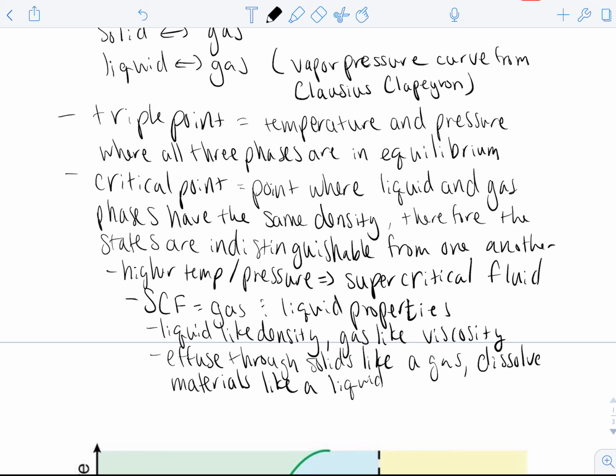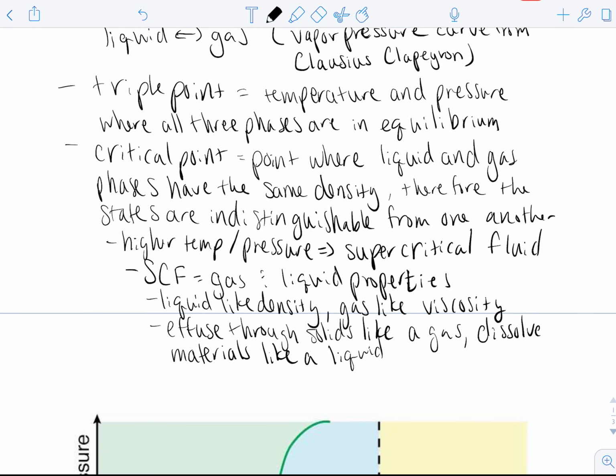Okay, and within our critical point, we have a critical temperature and a critical pressure. The critical temperature is the highest temperature where we can have a distinct liquid phase. Critical pressure is the pressure required to liquefy a gas at the critical temperature.